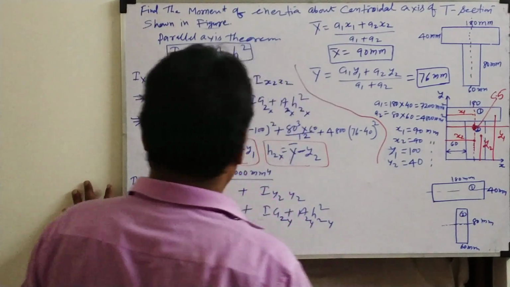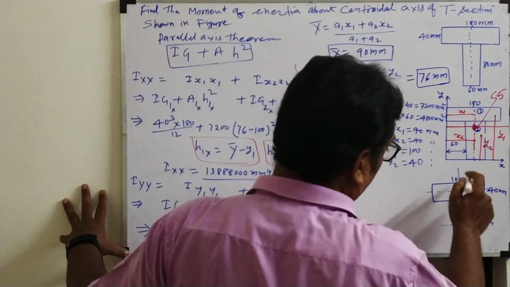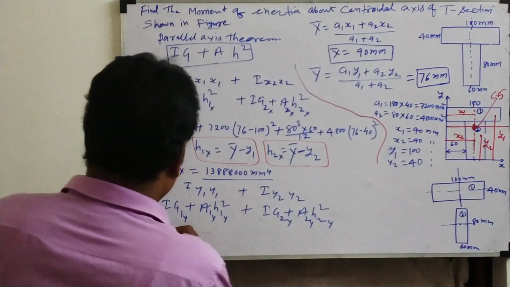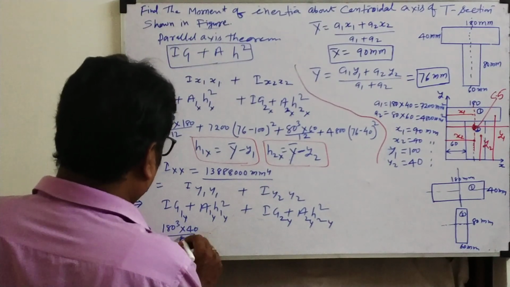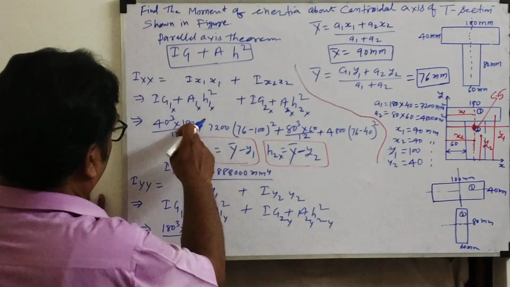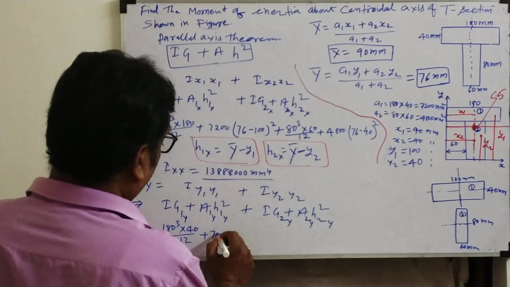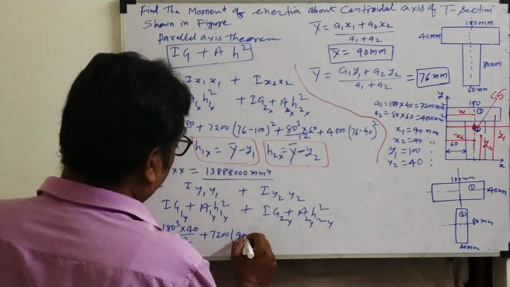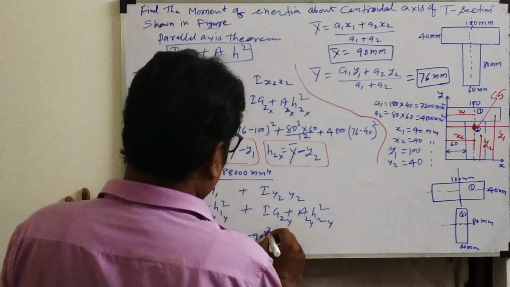Now you come to Iyy. See, this Iyy is a vertical line. What is getting crossed? 180. 180 cubed into 40 by 12, or you can say the reverse of this. Now this part: 7200 into 90 minus 90. Now see, one beautiful answer will come.